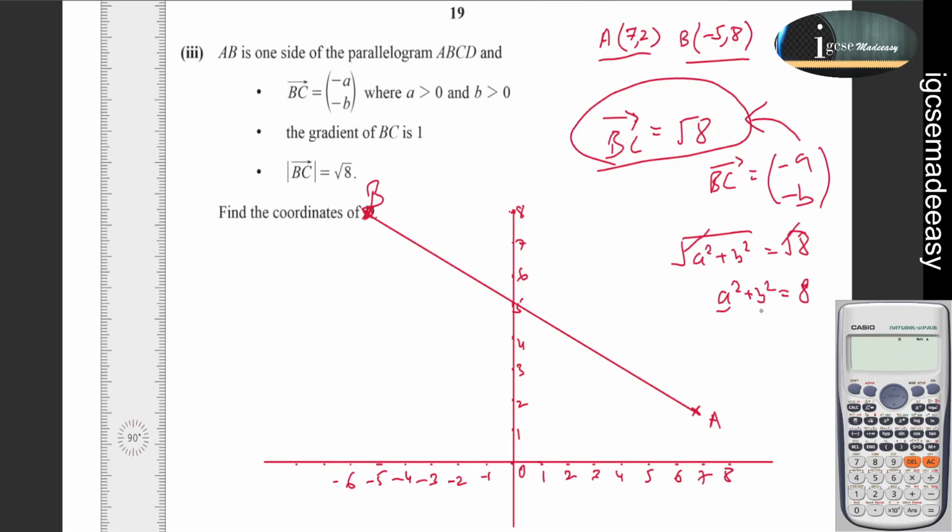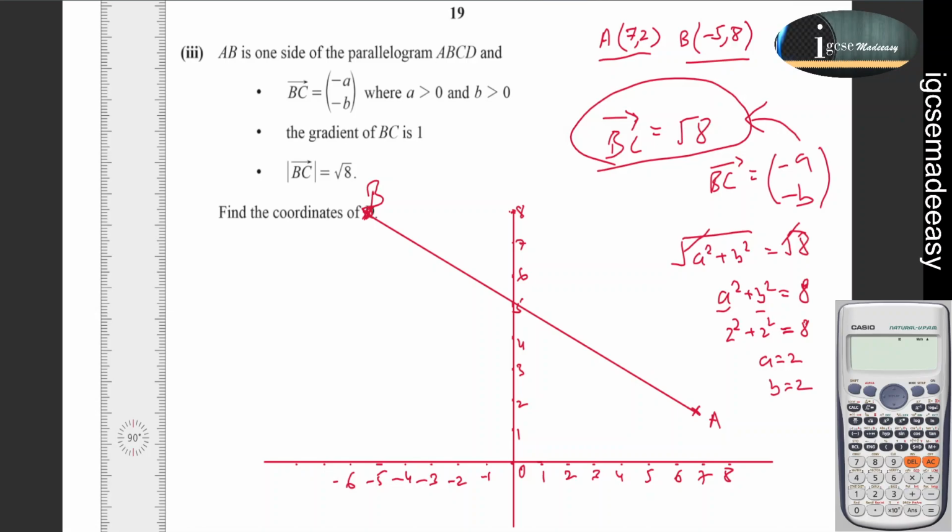So a is only possible with 2 and b is also possible with 2. See, if I put a as 2 and b as 2, then only I'll get the value 8 for the BC length, right? So the value of a is 2 and the value of b is also 2 here.